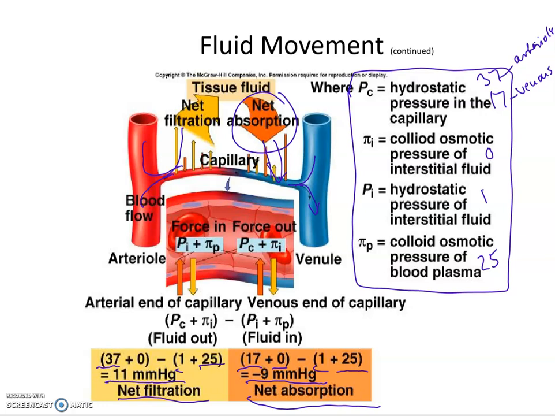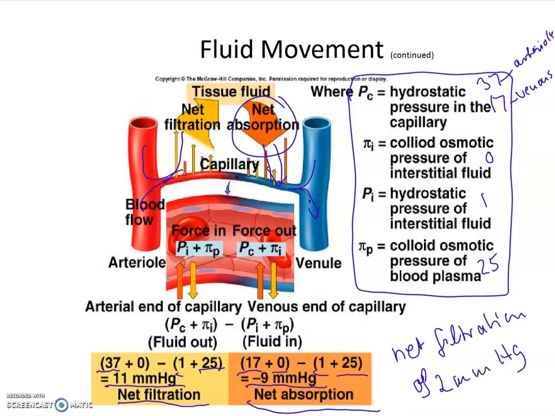So this does not add up. What's going out is more than what comes back into the capillary at the end of the capillary. So overall we have a net filtration of 2 millimeters of mercury, which comes from 11 minus 9 equals 2. Now what's going to happen?